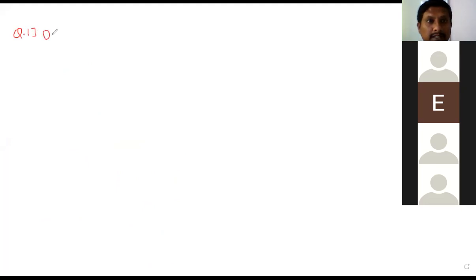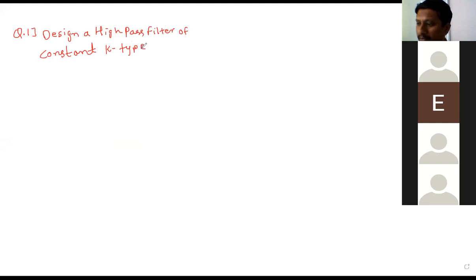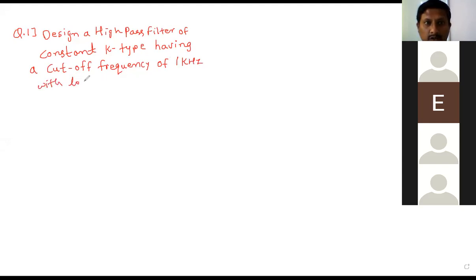Question number 1. Design a high pass filter of constant K type having a cutoff frequency of 1 kilohertz with load impedance of 600 ohm.